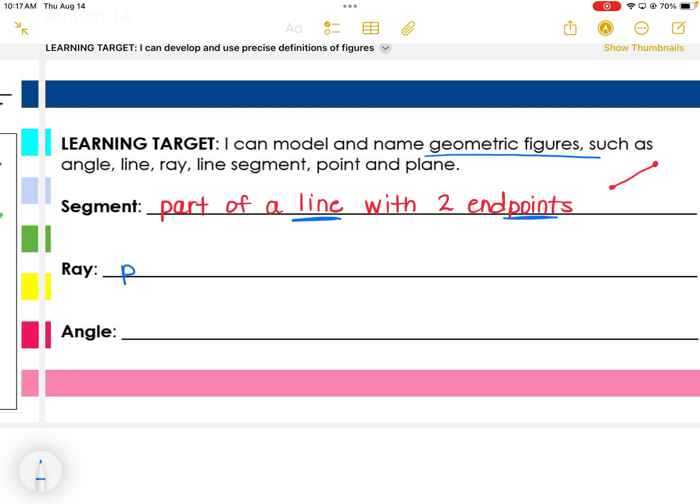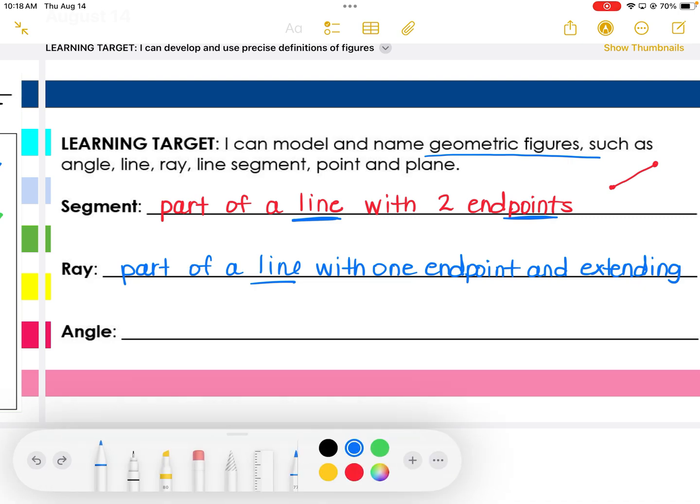All right, what is a ray? A ray is part of a line, there's that word again, part of a line with 1 endpoint and extending, so not 2 endpoints, but just 1, extending infinitely in the other direction.